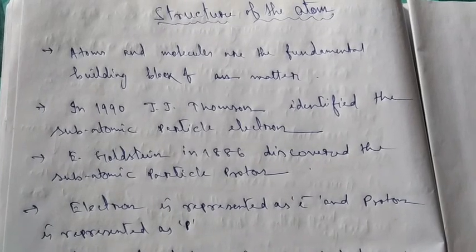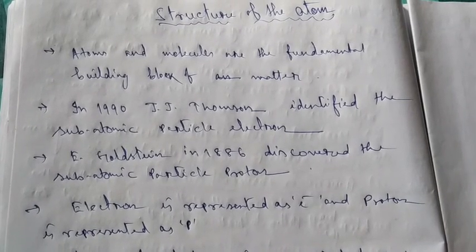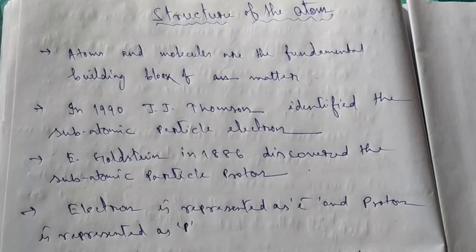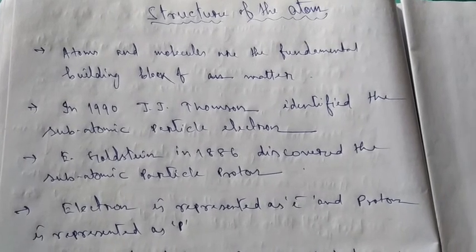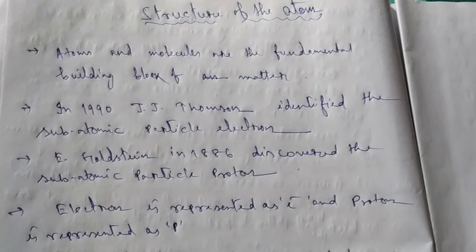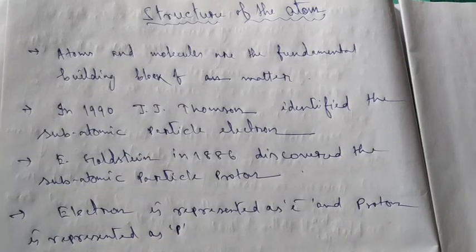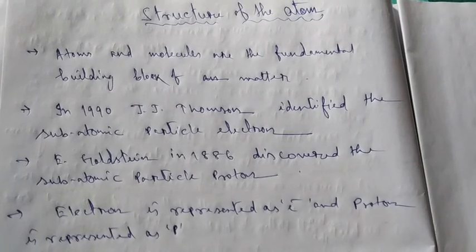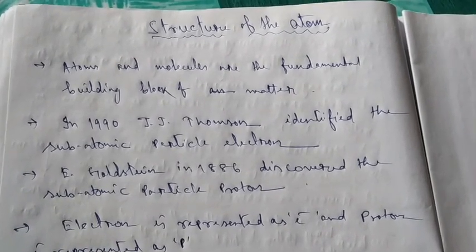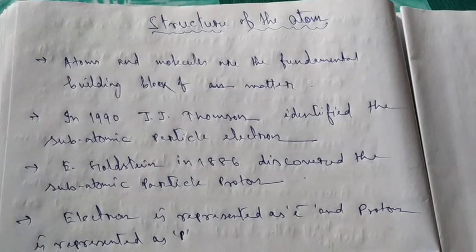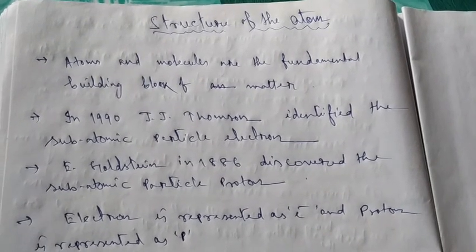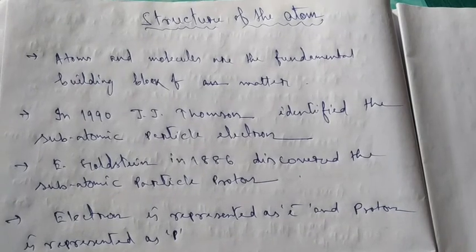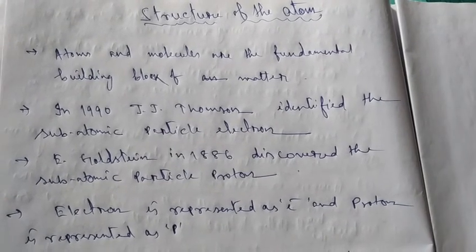We will be discussing how they arranged the different subatomic particles of an atom, that is the structure of the atom by different scientists, what their limitations and achievements are, and which structure is completely accepted. We will discuss it in detail in the next video.